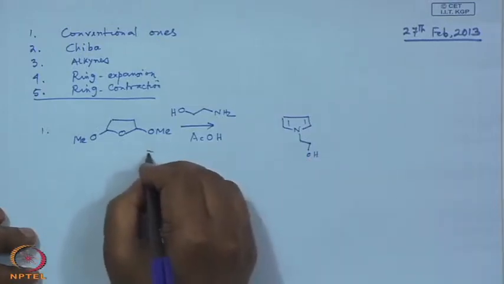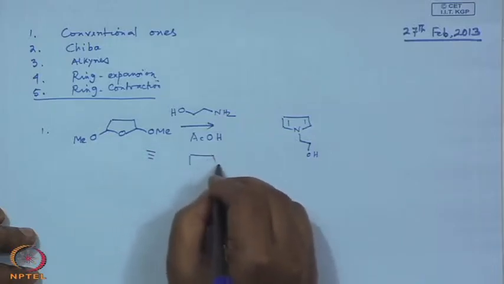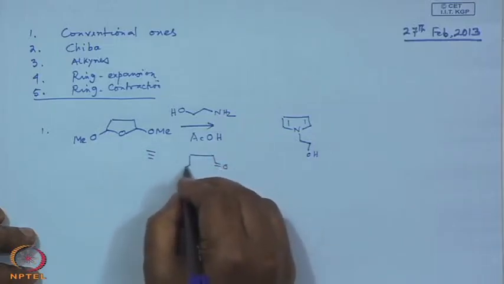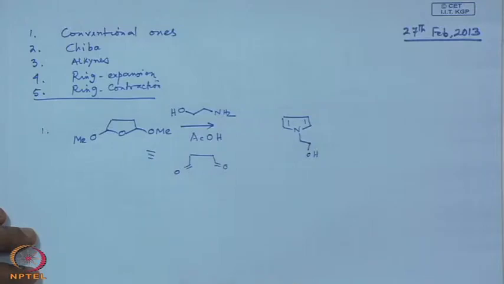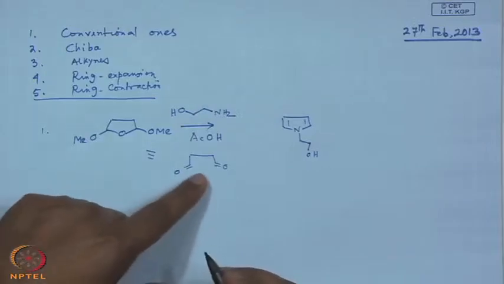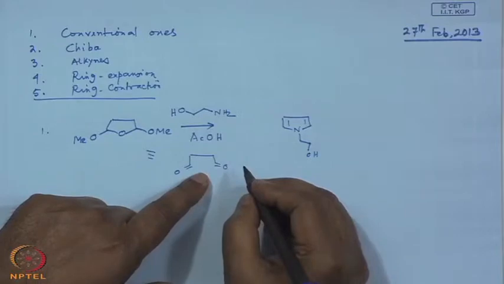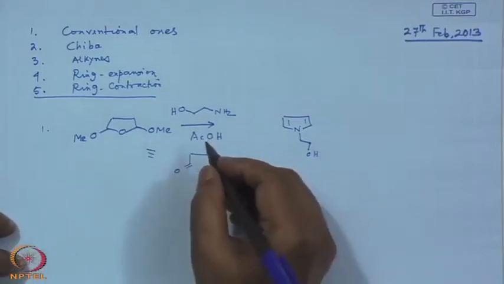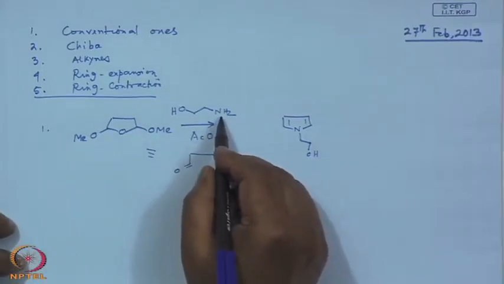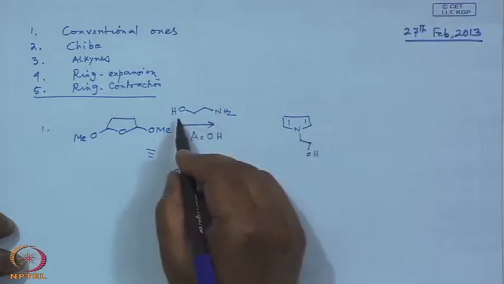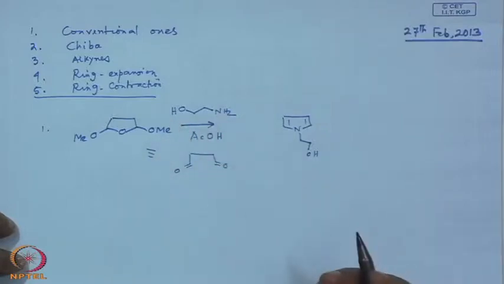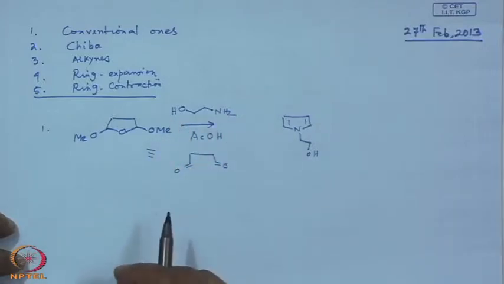Mechanistically this is equivalent to succinaldehyde. If you hydrolyze this, it will give rise to succinaldehyde. Now, between amine and alcohol, all of us know amine is more nucleophilic, so it will undergo condensation, and Schiff base formation is also very fast.